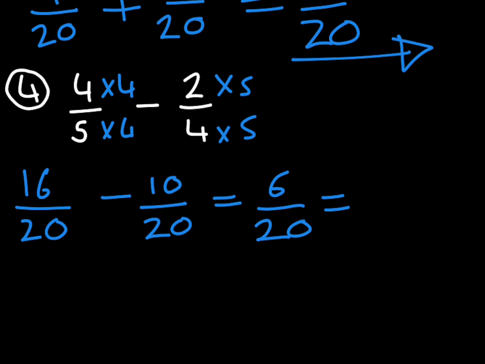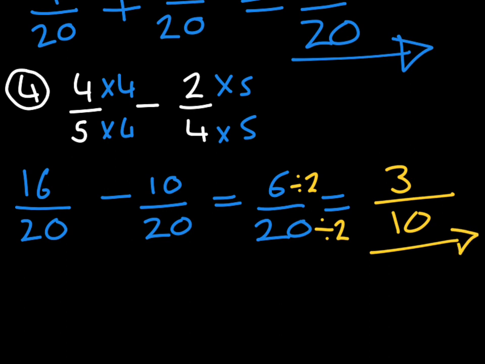As we all know, 2 goes into both 6 and 20, so we can divide the 6 by 2 and we divide the 20 by 2. 6 divided by 2 is 3, and 20 divided by 2 is 10. This answer cannot be simplified any further, as there's no number which goes into both 3 and 10. So that is our final answer for question number 4.